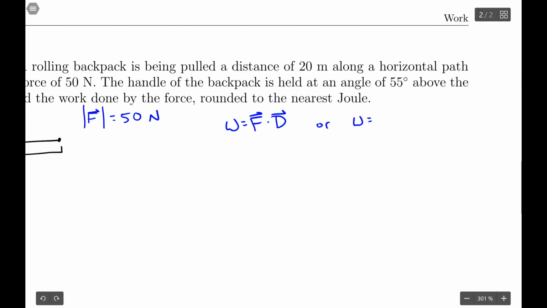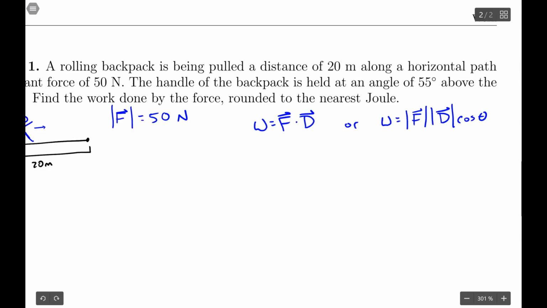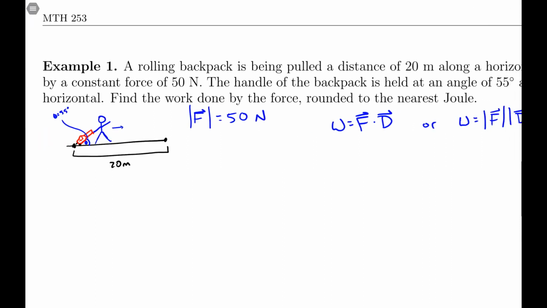We can think of the work as being the size of the force multiplied by the size of the distance multiplied by cosine of theta. Now, with each one of your work problems, you want to start thinking about what kind of quantities you have. Do you have a force vector? Do you have a displacement vector? Or do you have sizes? In this case, we have sizes.